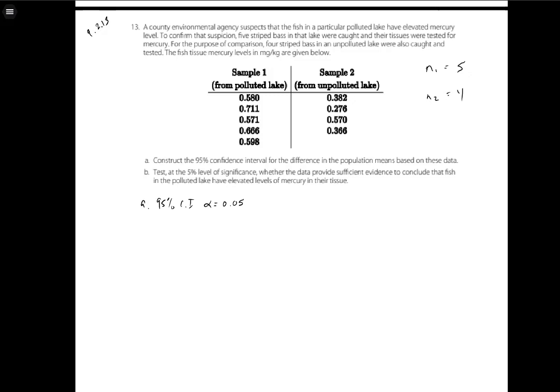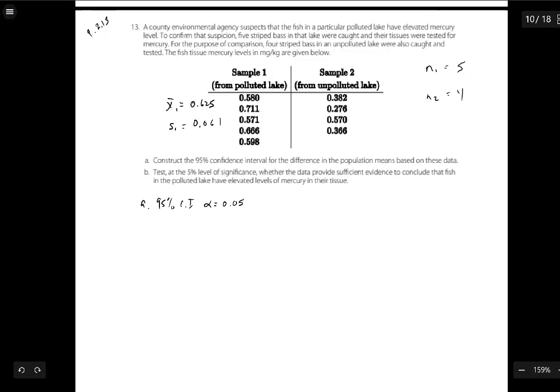For these samples, we'll need to calculate, as I mentioned, x bar 1. As I calculated that in Excel, that wound up being 0.625, and the sample deviation on this first one was 0.061.